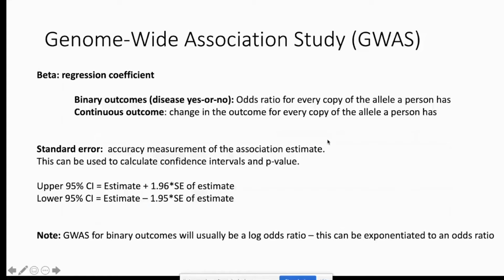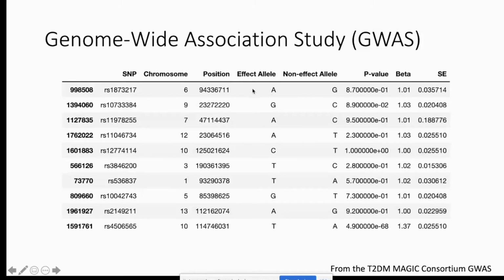Again, the beta is the regression coefficient, so that is the odds ratio for a binary trait, or the change in the outcome for every copy of the allele a person has. So for example, because we have two alleles, if you have one of these SNPs in your genome, you have a 1% increase in the odds ratio for type 2 diabetes.